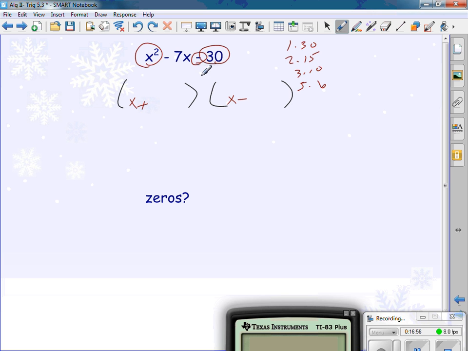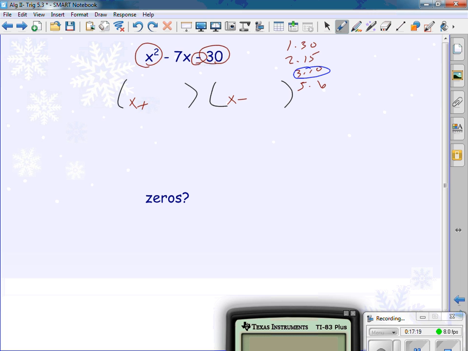Now, they need to multiply to get me 30. But now I have a 7. What would you do if the signs were different? What if I had a -3 and a +5? You subtract. So I need to subtract and get a 7. How do I subtract from those numbers and get a 7?